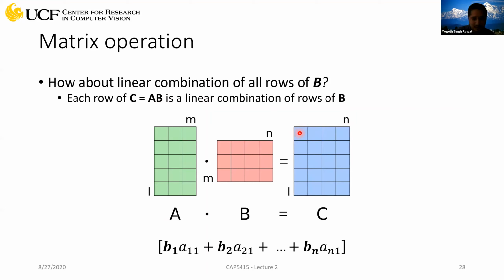This number can be obtained by multiplying this row with this column, right? And how do we obtain this number? This number can be obtained by multiplying this row with the second column. So it's almost similar, but instead of looking at columns of this matrix, we are looking at rows of this matrix.